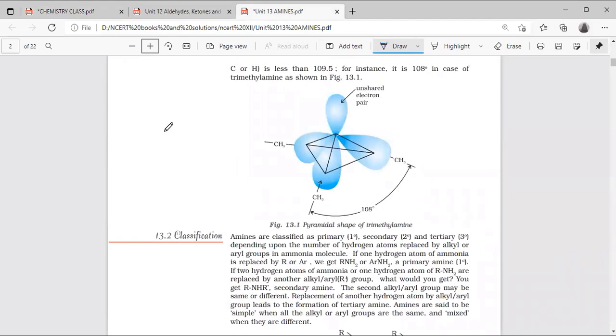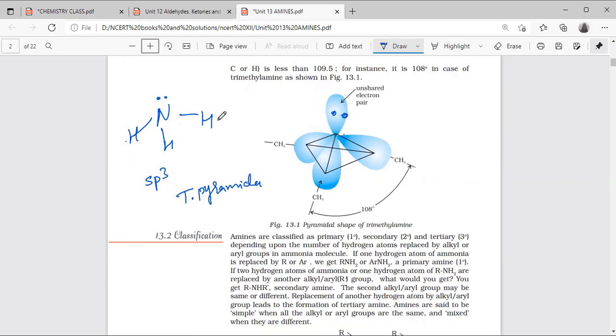Structure. It is similar to the ammonia structure. If you take ammonia, it has one lone pair. Hybridization is sp3. Trigonal pyramidal. This one is also the same. Trigonal pyramidal, here a lone pair is there.